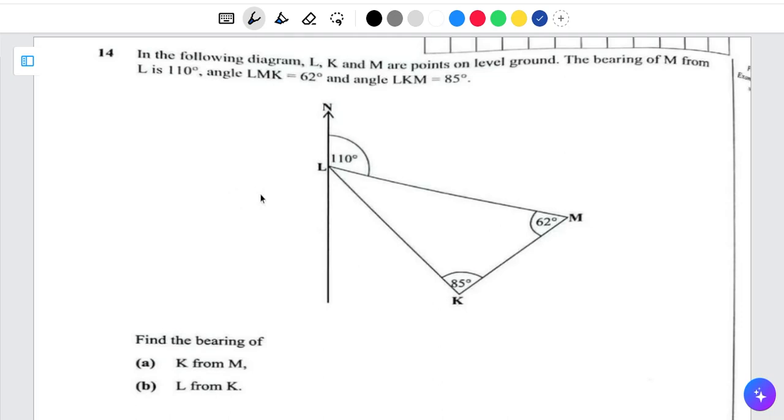Actually, this is how the north line is going to be. Let me just move it a little bit. Okay. So it has to be straight like this.